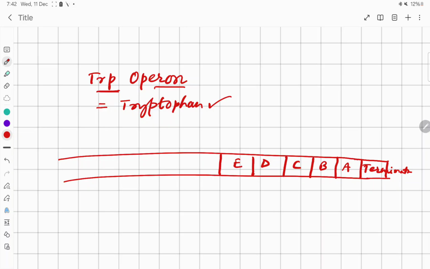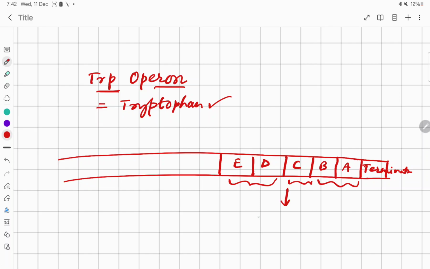So if you see the enzymes needed for the tryptophan synthesis, E and D, C, B and A, these 5 genes produce 3 enzymes.